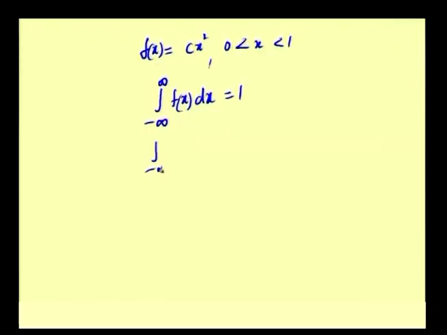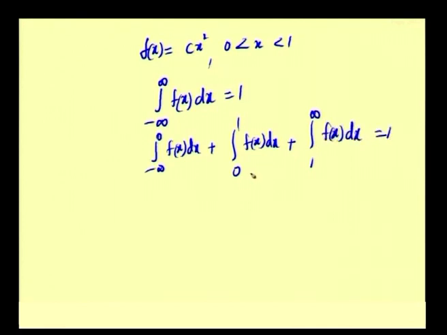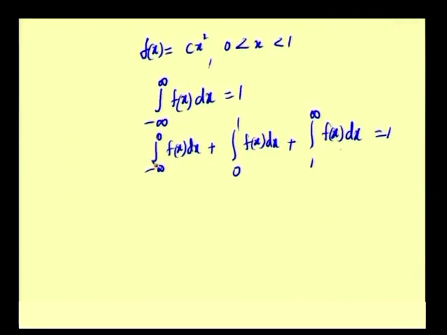We break the interval as minus infinity to 0 f of x dx plus 0 to 1 f of x dx plus 1 to infinity f of x dx, because your f of x is defined only in the interval 0 to 1. In the other two intervals it is defined as 0. 0 otherwise means in all the other intervals except 0 to 1 it is 0.